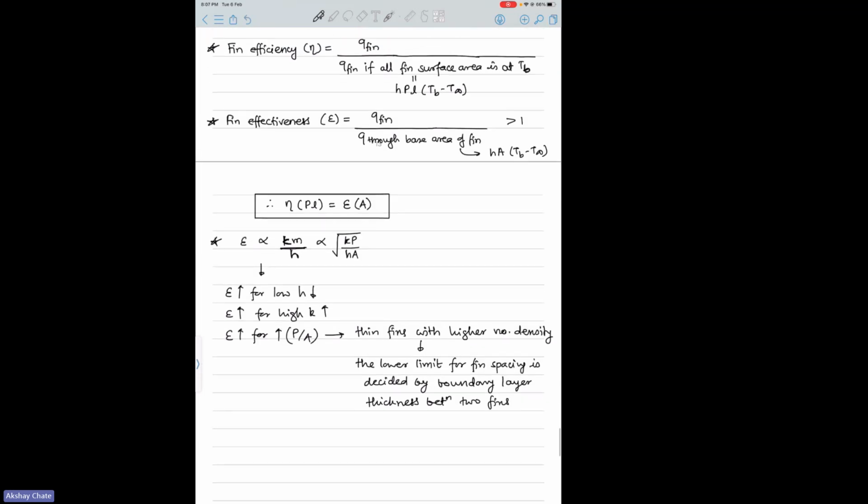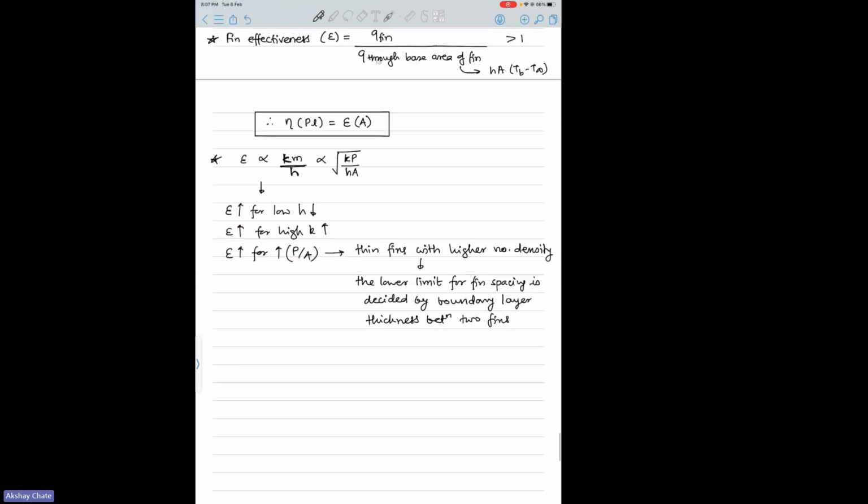It may happen that in some problem they will give you n number of fins, and then you have to solve. In that case, you have to multiply n with the q fin formulas. In case of effectiveness there is no need actually, but in case of efficiency you have to be careful wherever the area is there, about what type of area, because the total heat transfer will be heat transfer through the fins as well as through the area where there are no fins.